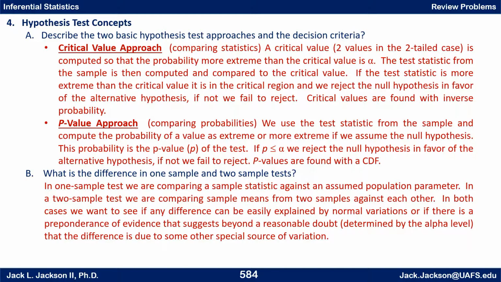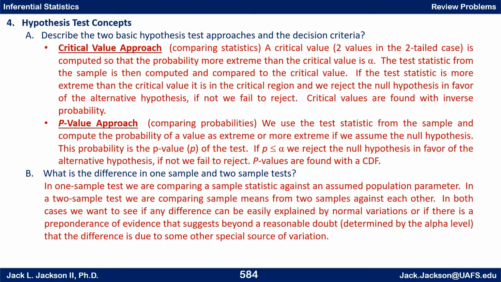So in a right-tailed test, the probability above the critical value is alpha. In a left-tailed test, the probability below the critical value is alpha. If it's a two-tailed test, the probability below the lower critical value is alpha over 2, and the probability above the upper one is alpha over 2.